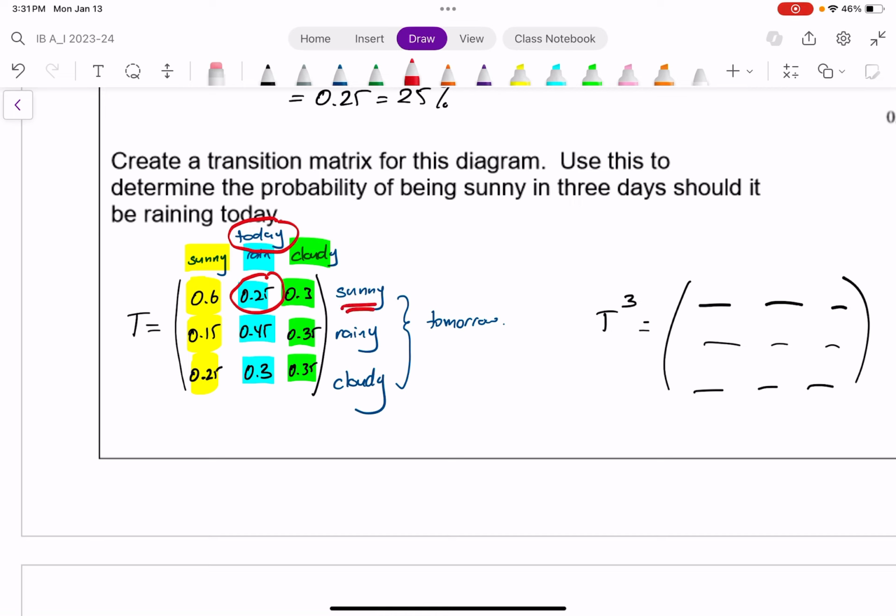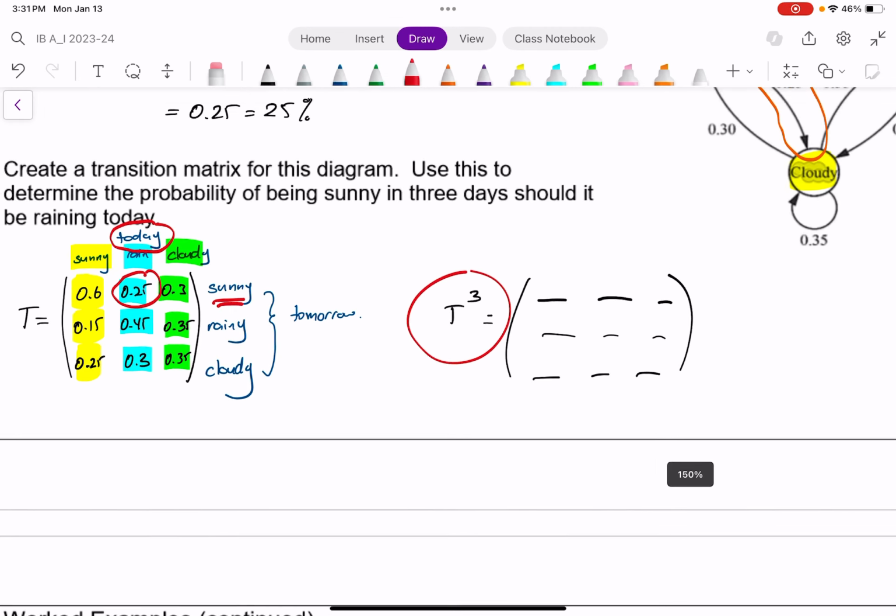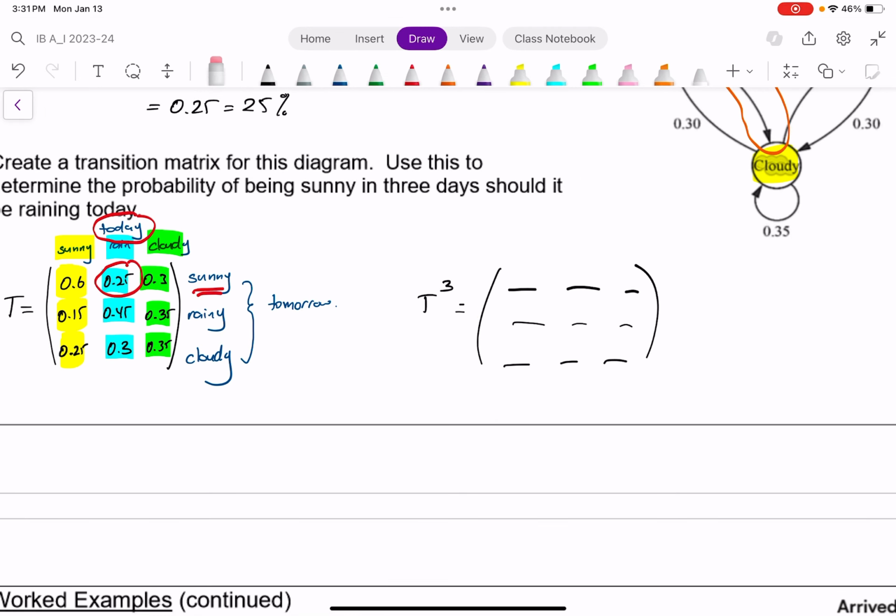So in 1 day from now, it's 0.25, but I need to multiply this matrix by itself 3 times, the square matrix. And if we do that, that value right here should end up being 0.3885.